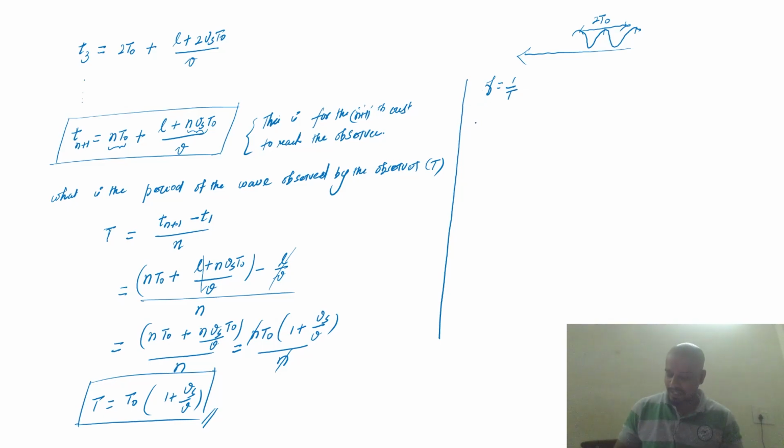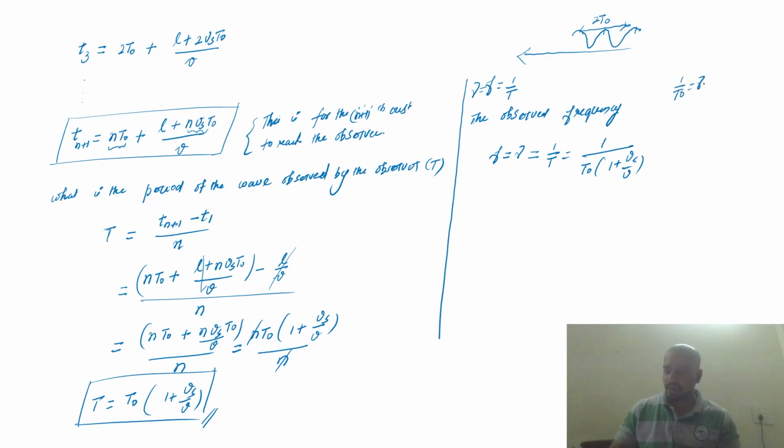If we take this definition, the observed frequency f, or nu in some texts, equals 1 by T. So already we have the derivation for T. It is t naught times 1 plus Vs by V, and 1 by t naught we can call the original frequency of the sound wave in the rest frame.